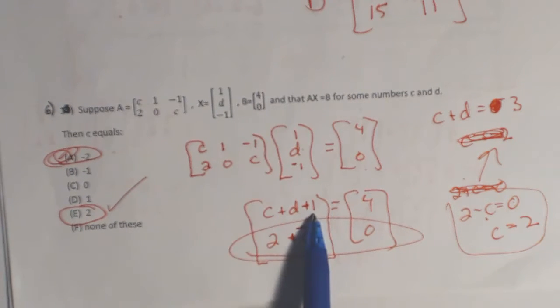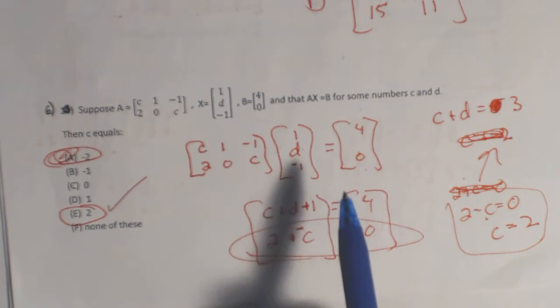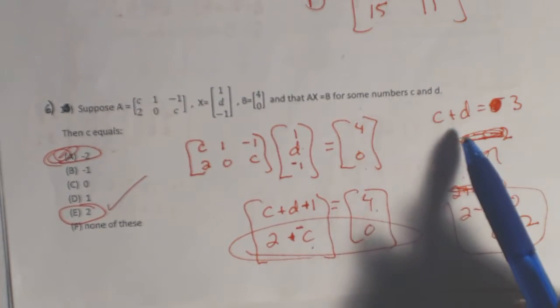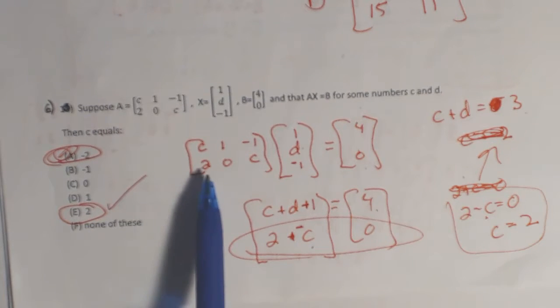Okay, that's this entry here. For the second row entries, over here, C plus D plus 1 would have to equal 4, which implies, if we need it, that C plus D would equal 3 by subtracting 1.